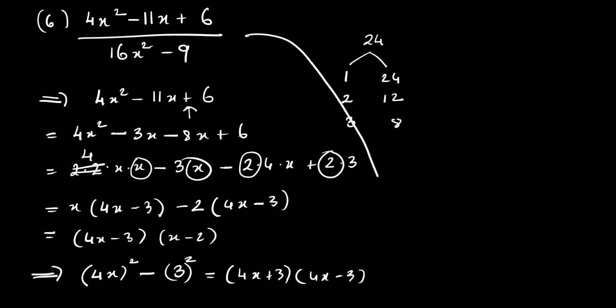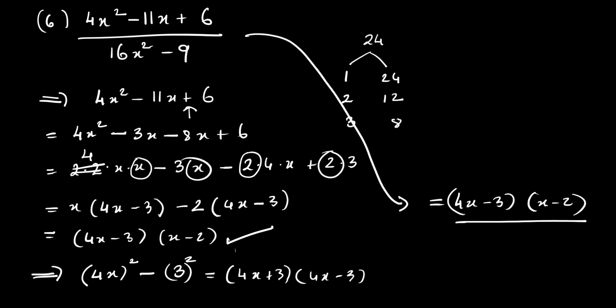Now the numerator breaks into 4x minus 3 and x minus 2, upon the denominator 4x plus 3 and 4x minus 3. Here if you notice, 4x minus 3 and 4x minus 3 get cancelled, and I think most people have sent the correct answer as x minus 2 upon 4x plus 3.